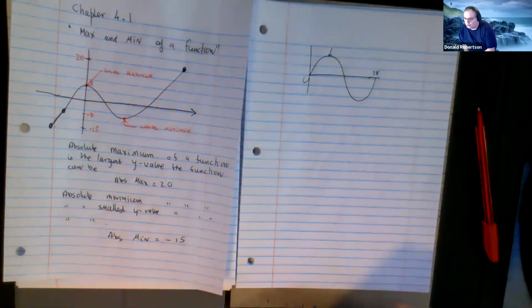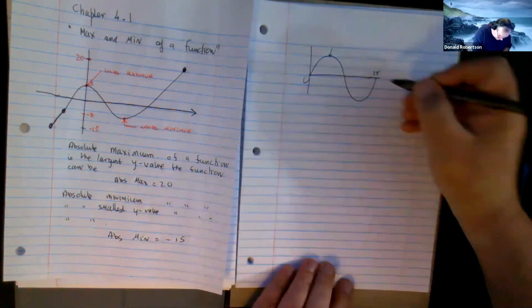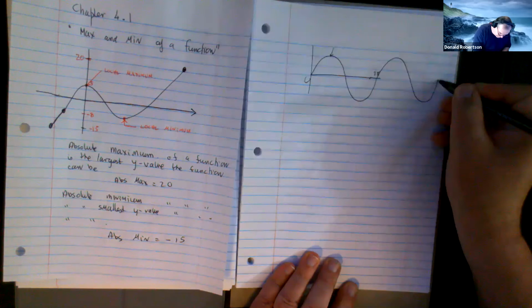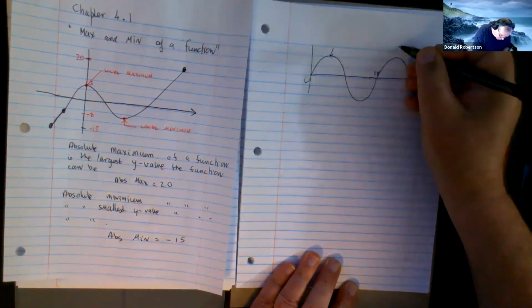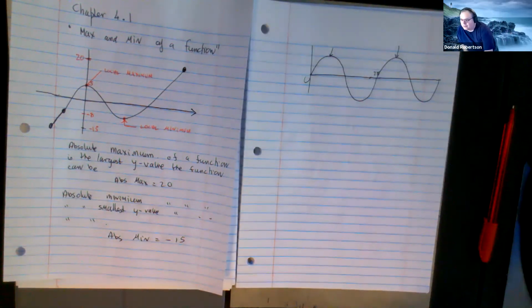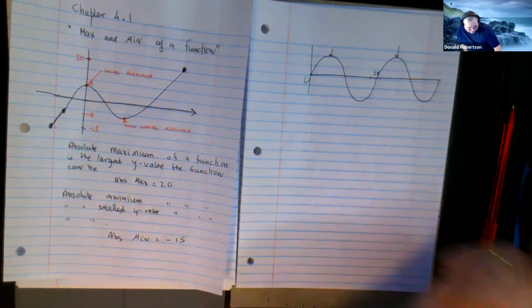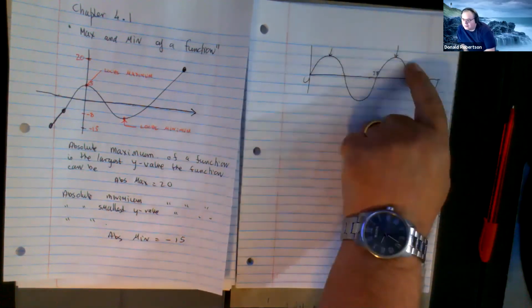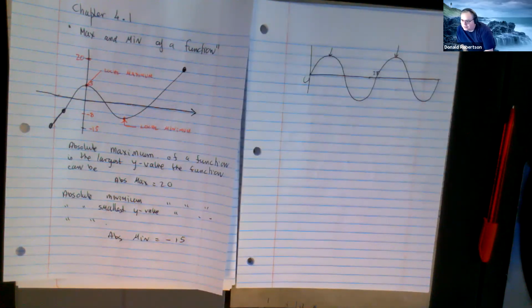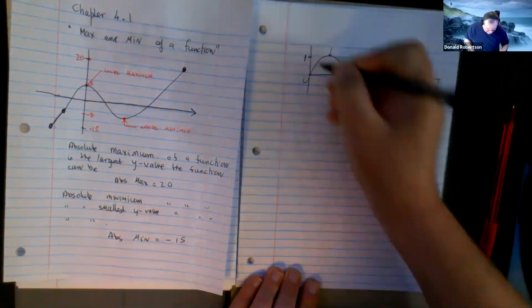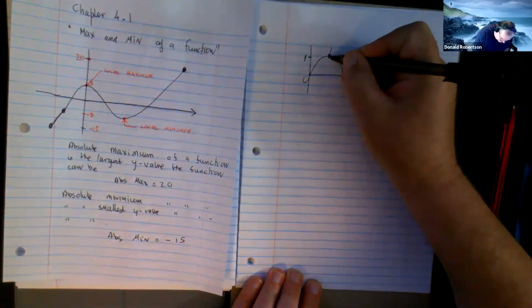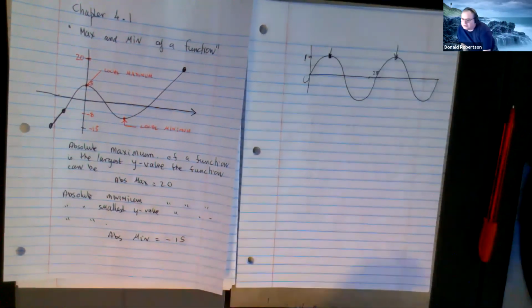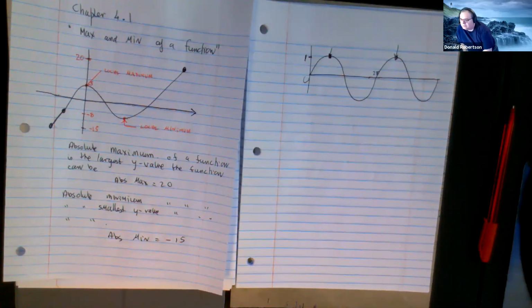It's also a local max. Agreed? But if I do a few more cycles, isn't that also another absolute max? Aren't both of them at the same height of 1? So you can have an absolute max happen, in this case at height of 1, and it can happen at a couple of places, right? It's okay, it can happen.